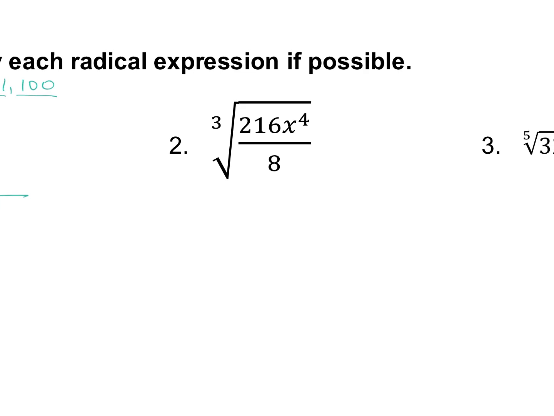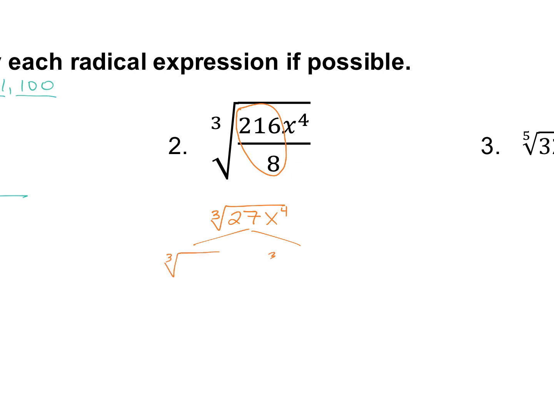Number 2, this setup, if you take 216 and you divide by 8, you actually get 27. So I would do that first, the cube root of 27, x to the 4th, and then simplify that. So we can actually take the cube root of 27, but we can't take the cube root of x to the 4th.